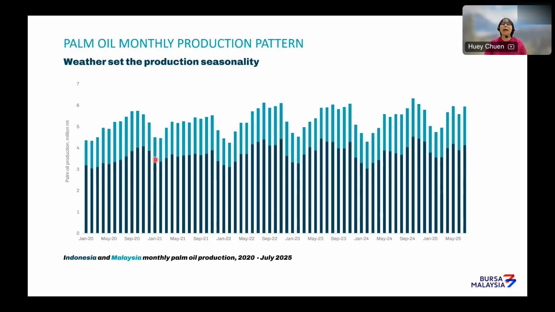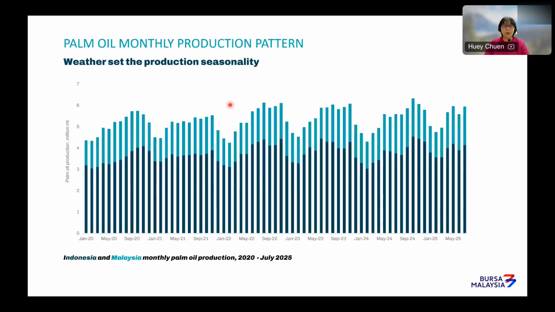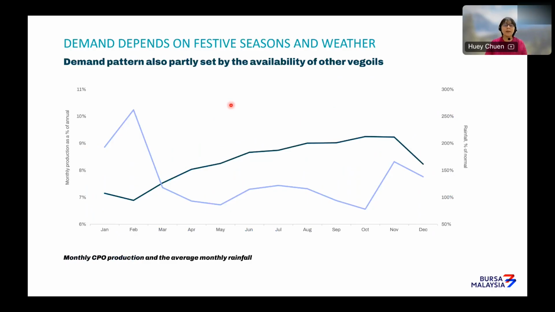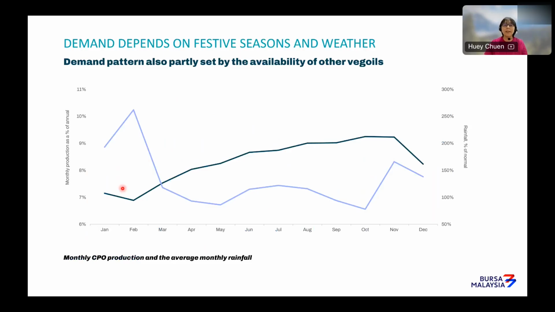So what is the reason behind these seasonality patterns? Before I go on to the particular reason, I have a typo here. This is on the CPO production and the average monthly rainfall. So the seasonal monthly production is actually affected by the rainfall. As we stay in Malaysia or Indonesia, we know there is a monsoon season.